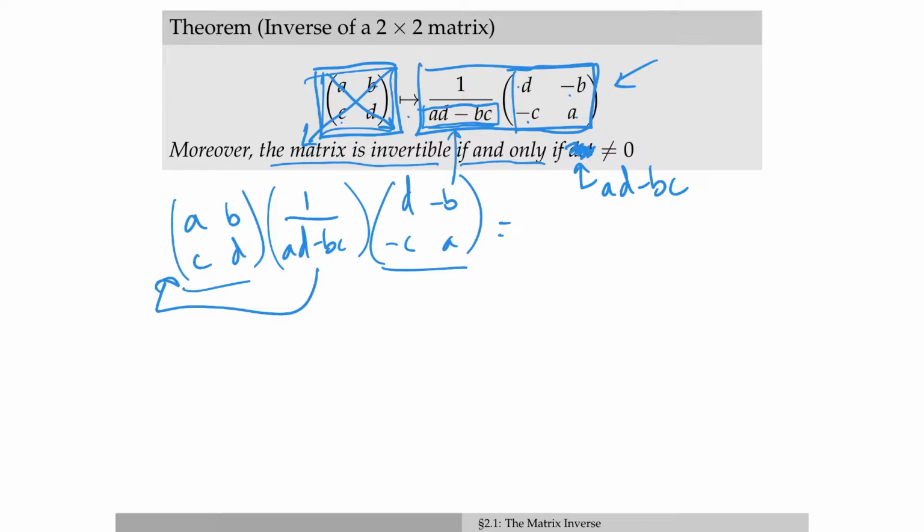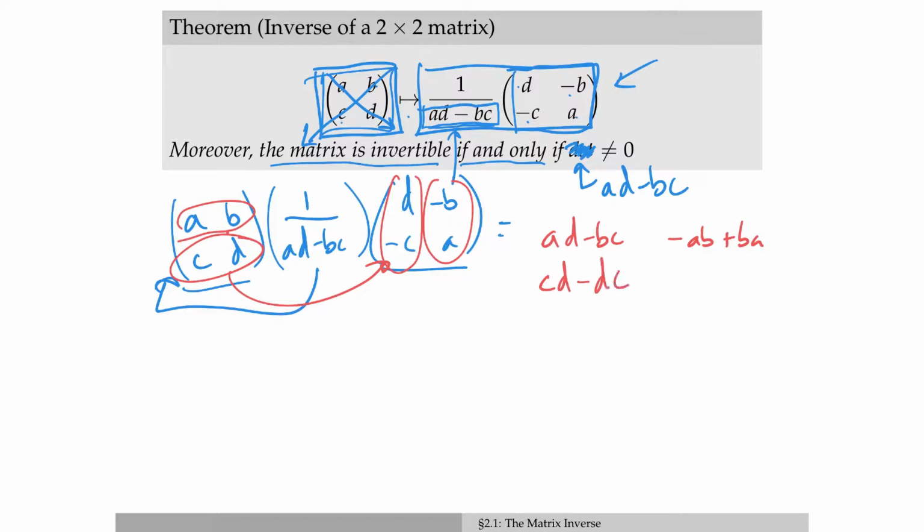All right, so that row hits that column. So I have AD minus BC, and then that row hits the second column. So I get negative AB plus BA. Then I take this row and hit that column, and I get CD minus DC, and finally negative BC plus AD.